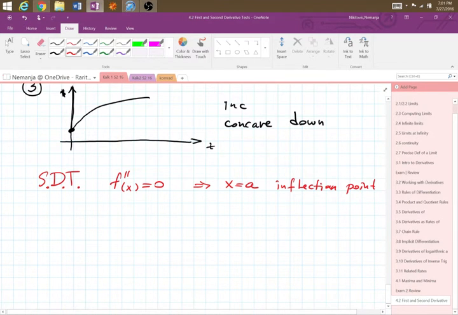Sometimes, in some cases, that inflection point is also detected by the first derivative. Sometimes, not always. So now we don't have critical points any longer. We have an inflection point. Inflection point, I will give the definition immediately, is where the concavity changes.